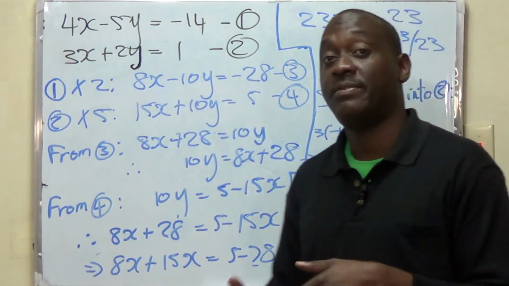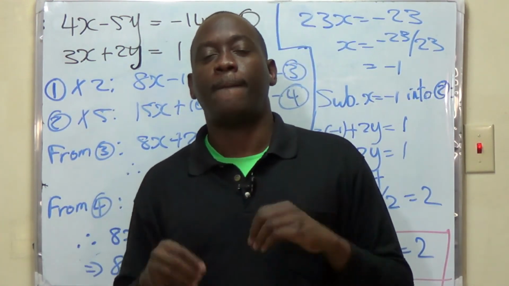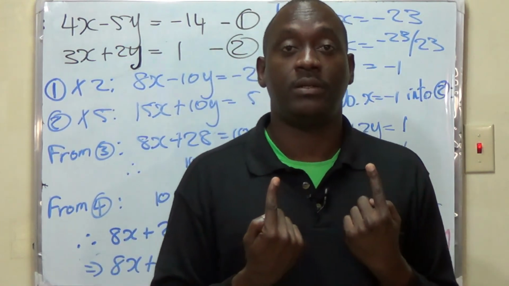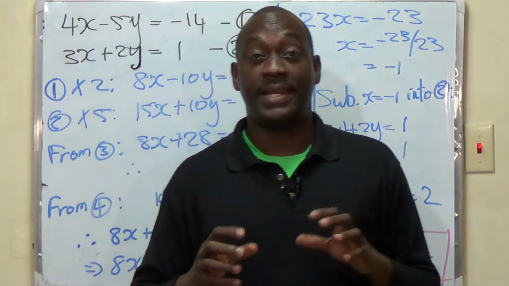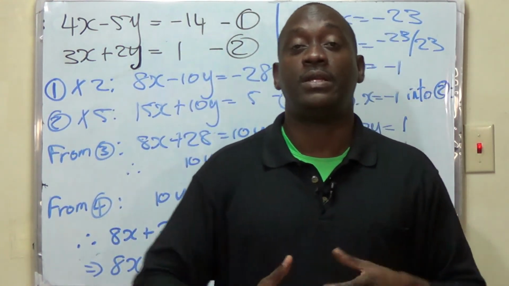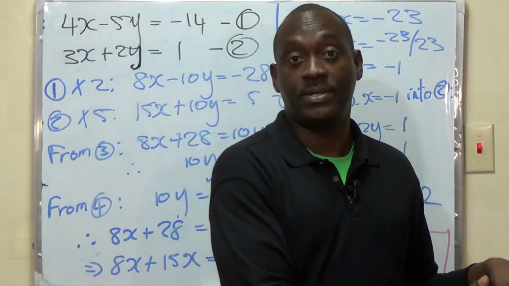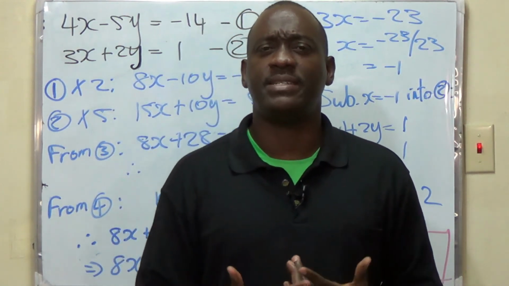So in that case, we pivot on the 10y. Once you do that, you will get one equation in one variable, which you would then solve to find the value of that variable, and then having found the value of that variable, you substitute back into the simplest available equation to find the value of the remaining variable. And that basically is it.